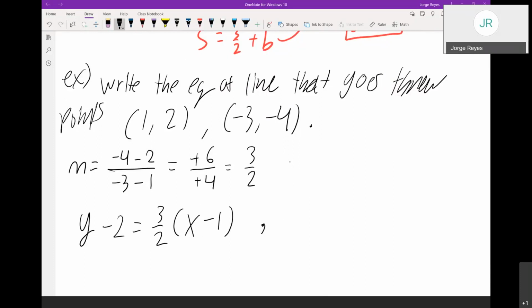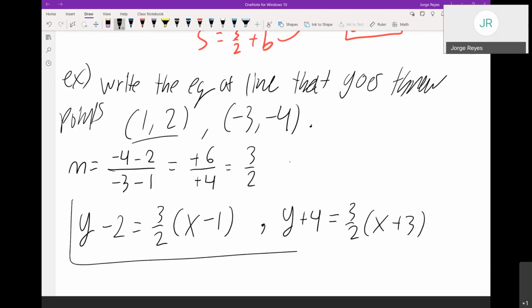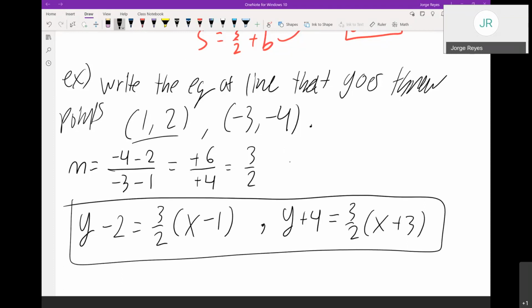And now, some of you might be asking, why did I pick this point? The truth is, it does not matter. Actually, y plus 4 equals 3 over 2 times (x plus 3). Both of these are actually correct, okay?